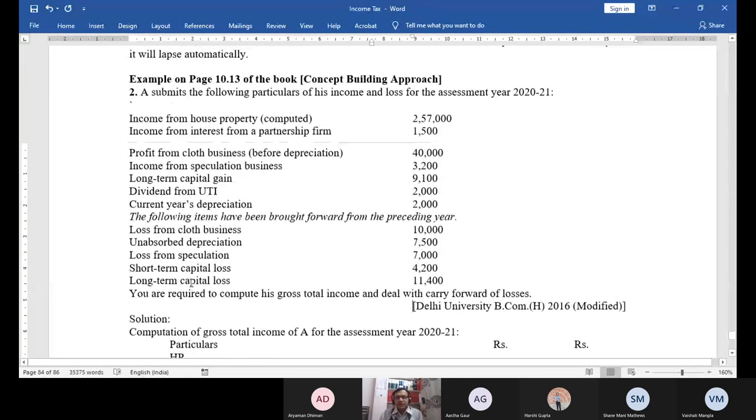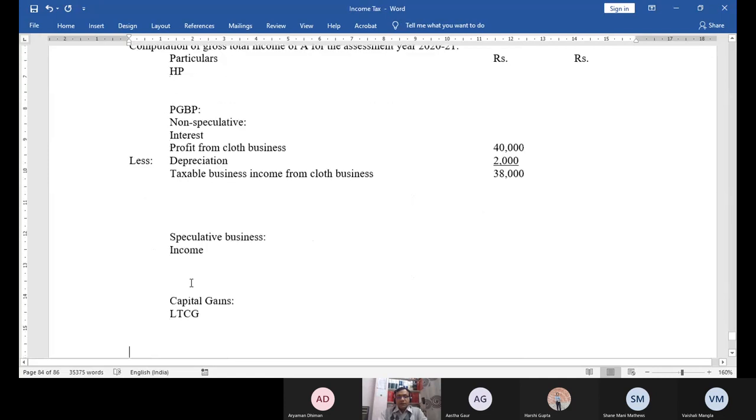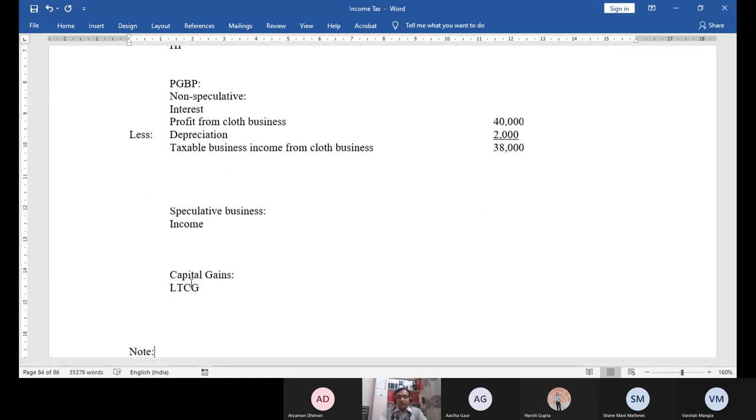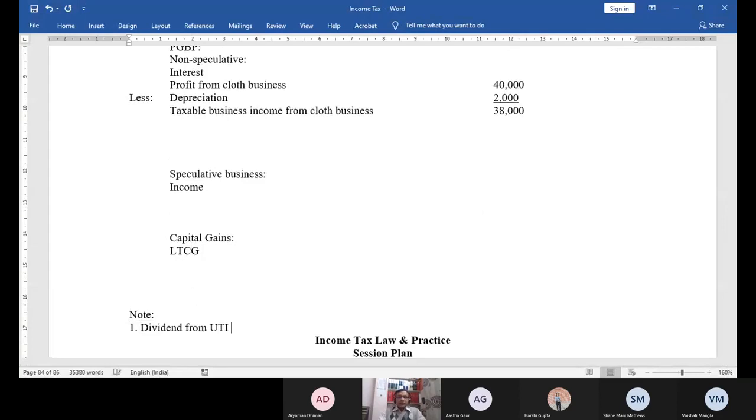Dividend from UTI: if you remember, dividend from a domestic company up to 10 lakh is exempt under section 10 clause 34, and dividend from UTI is exempt under section 10 clause 35, 100% of the amount. Dividend from Unit Trust of India is exempt in the hands of unit holders under section 10 clause 35.